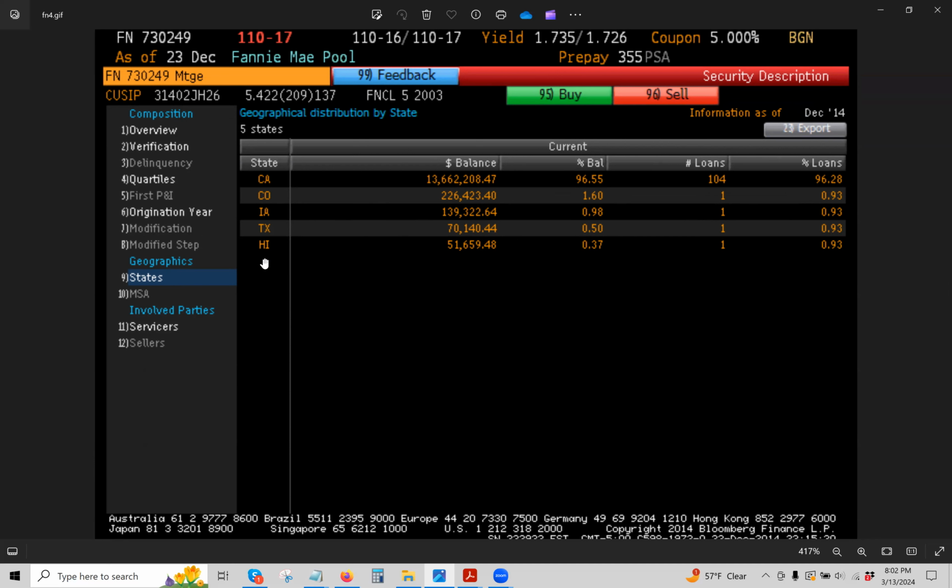And then you have the other states, but $13 million of the balance of the loans in this particular trust are from California. So again, that's good to know because it's one of those things in the research. Again, this helps. Okay, so that's giving you the geographical.